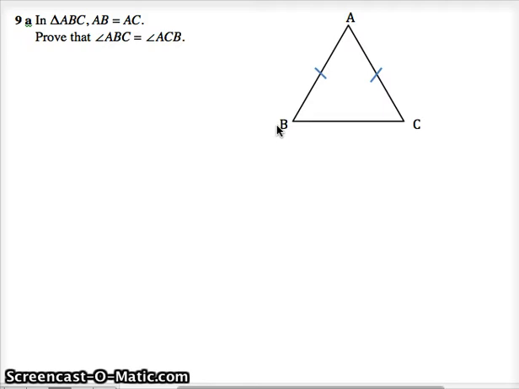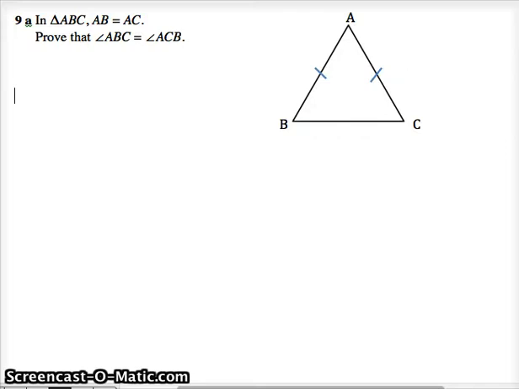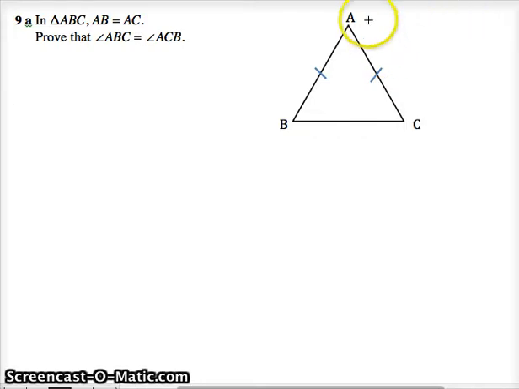And the way that we're going to do that is by using congruent triangles. So we first need to add a construction line. We're going to add a line straight down the middle, and we're going to bisect angle A at the top.